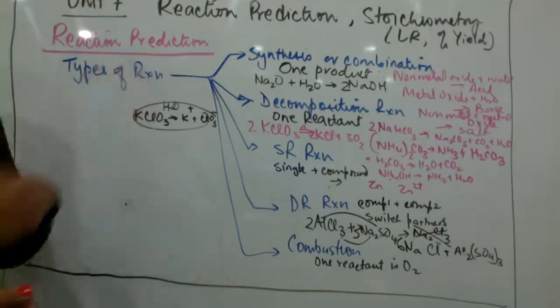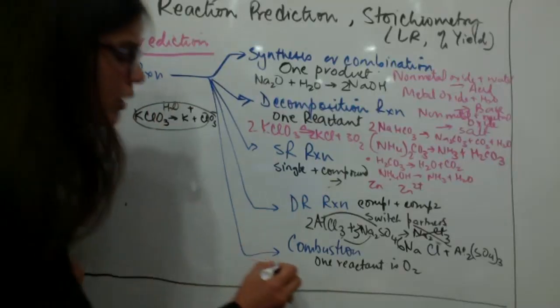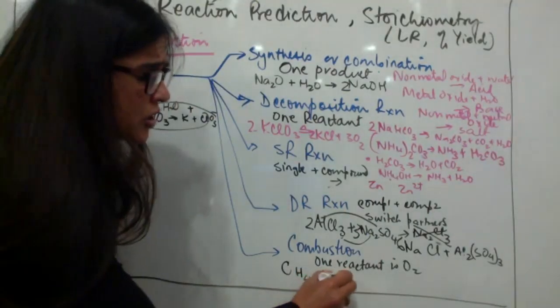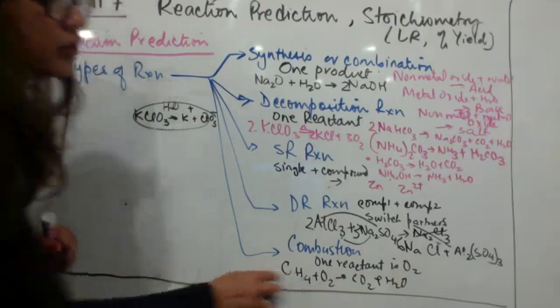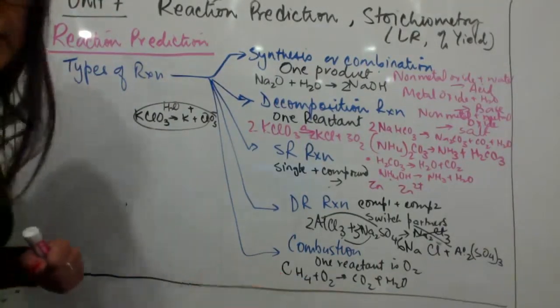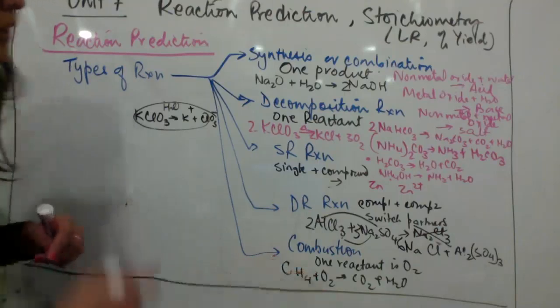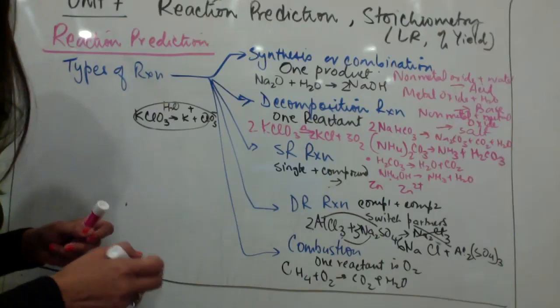If you burn aluminum in oxygen, you make an oxide of aluminum. If it is a hydrocarbon, containing carbon and hydrogen, and you burn it in oxygen, it forms carbon dioxide and water. It doesn't matter what hydrocarbon it is, it will always form that. And if it is an organic compound containing CHNO, if you burn it in oxygen, it will still form carbon dioxide and water.